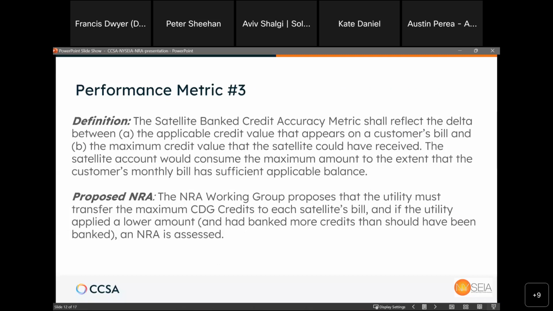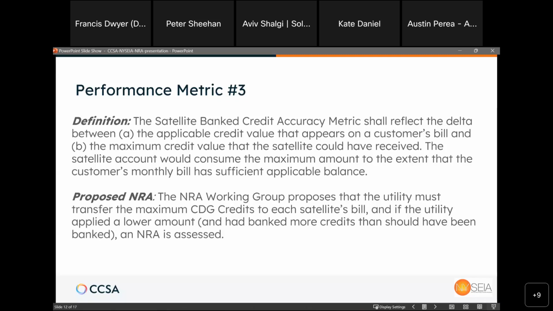Which brings us to two other performance metrics to follow on what Austin just presented. Performance metric 3 is a follow-up to performance metric 2 about the accuracy. Whereas the previous performance metric talks about the movement, if you will, from the project to the customers, performance metric 3 focuses specifically on the banked credit accuracy versus the applied balance.